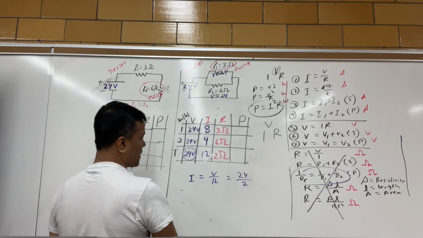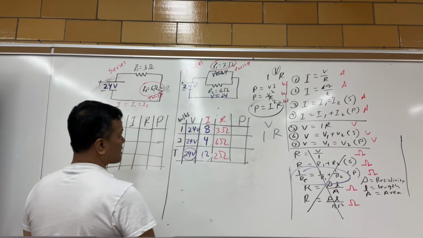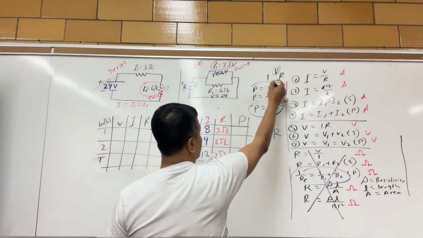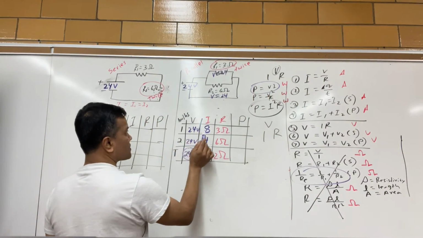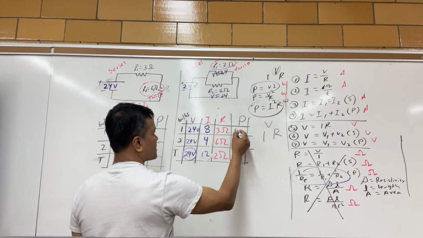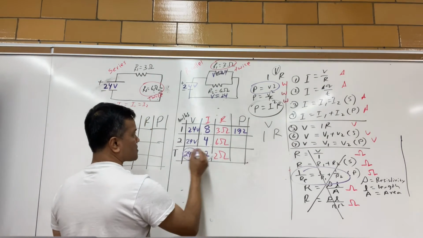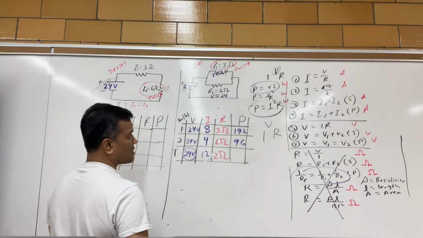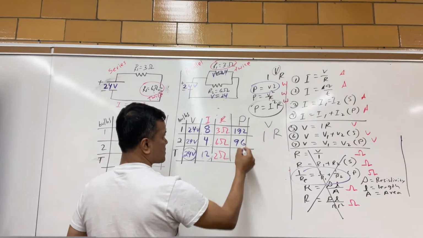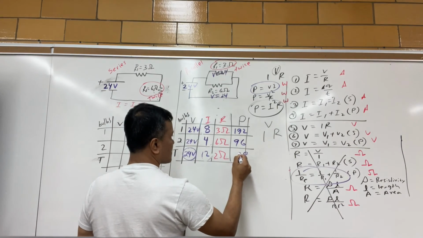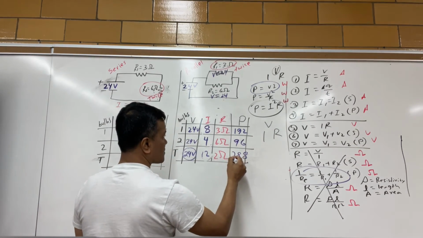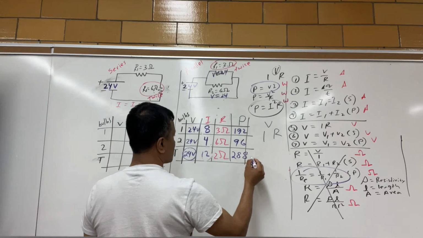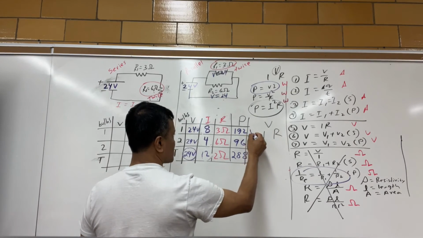Now it's time to do the power. The power is, we're going to use this equation, VI. So 24 times 8 is 192. And 24 times 4 is 96. All right, so you're going to add them up, and that gives 288.